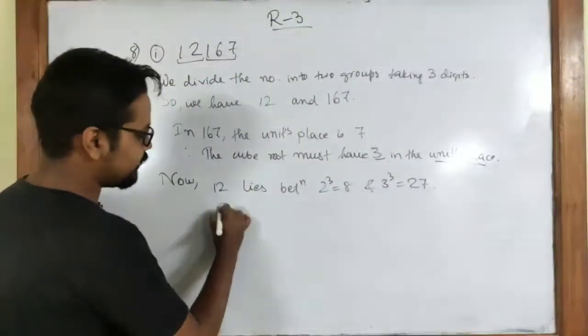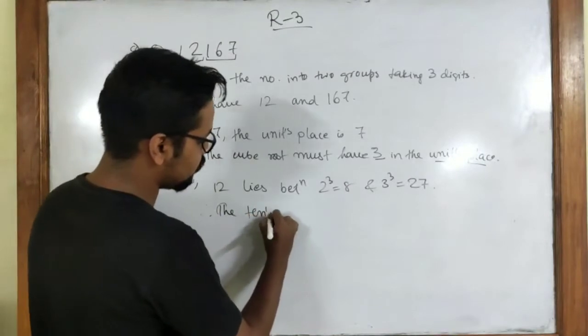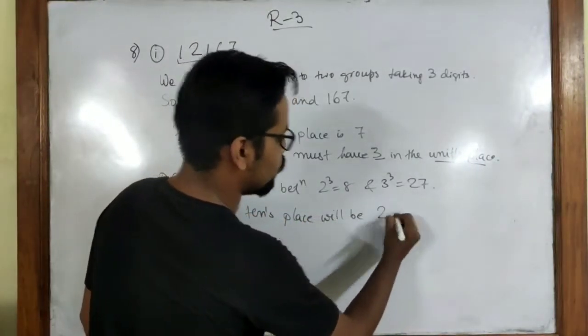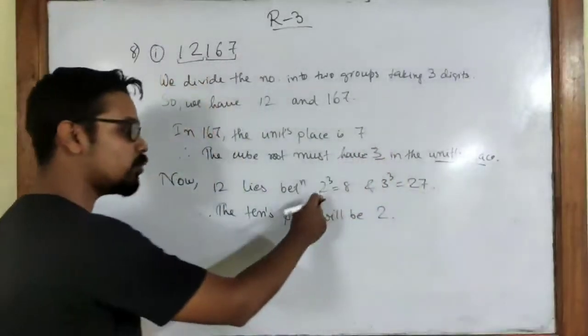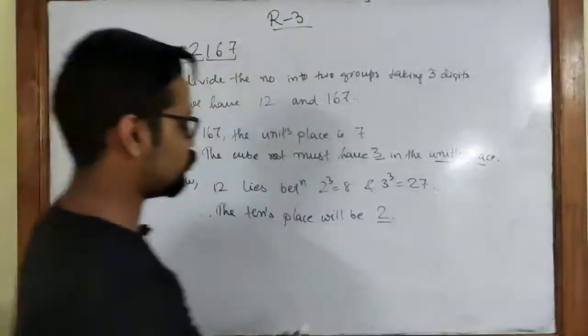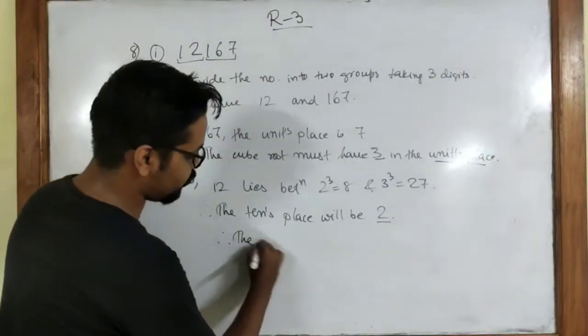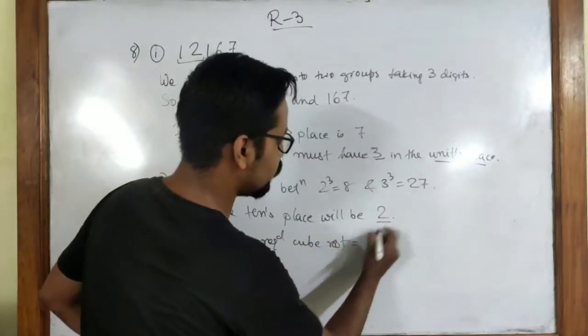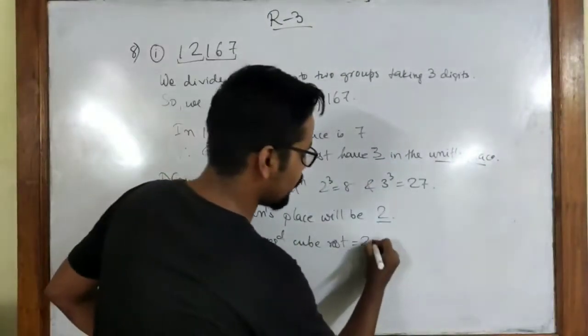So the tens place will be 2, not the larger one, the smaller one. So we have the ones place as 3 and tens place as 2. Therefore the required cube root is equal to 23.